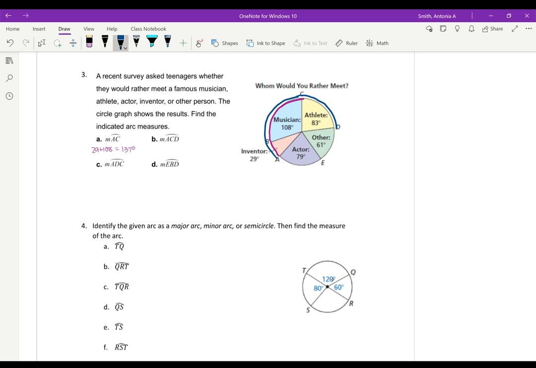So we have 29 plus 108, now plus 83. That is 137 plus 83. Kind of doing this in my head. That is 220.